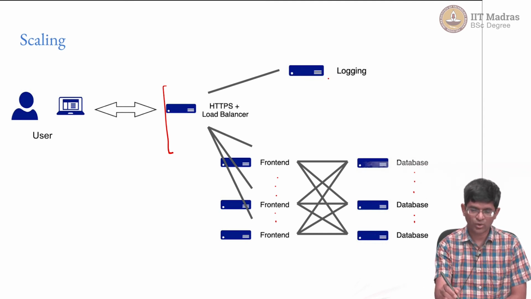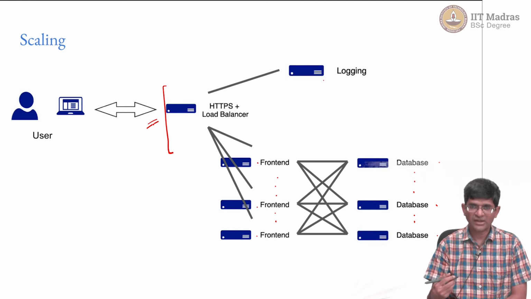They don't see what kind of machine is used for logging, or what machines are used on the front end. They definitely don't get to interact with the back end directly. But you might have a whole lot of machines sitting somewhere behind in the cloud that are actually responsible for coming up with the answer to any request that you sent out. So this is essentially how scaling gets implemented.